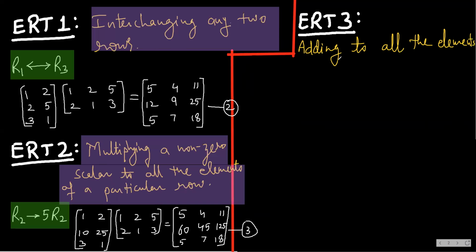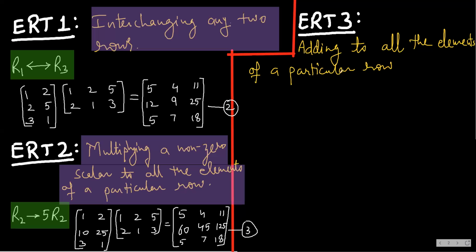So adding to all the elements of a particular row, definitely it has to be row because it is elementary row transformation. So adding to all the elements of a particular row of a prefactor matrix, that you may or may not write, it is okay because it is prefactor, that we all know.